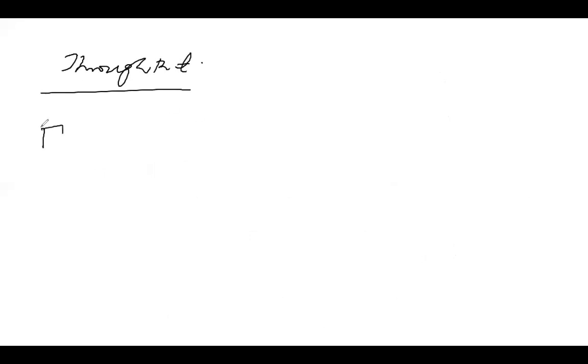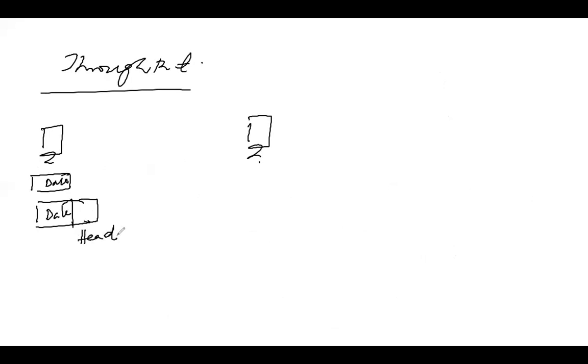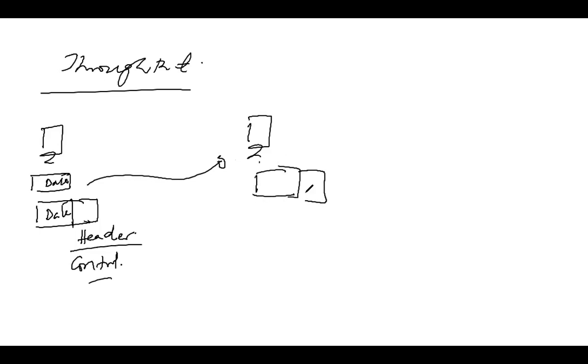For example, there is a sender, and here is the receiver, and the sender sends data to the receiver. For sending of this data, the header or control information is added over here with this data. So for example, it is transferred over here, and this is header and this is data.